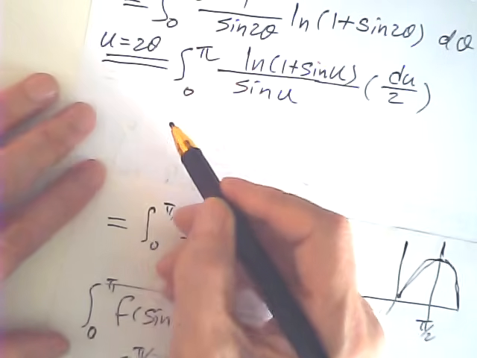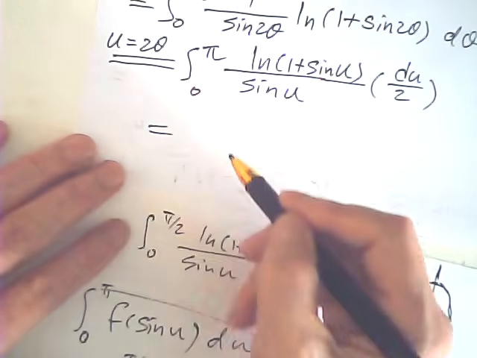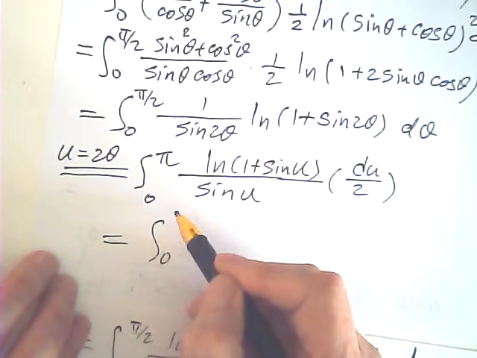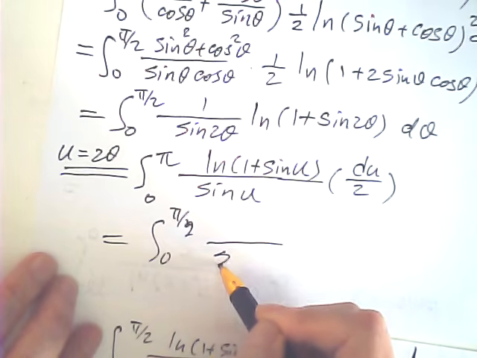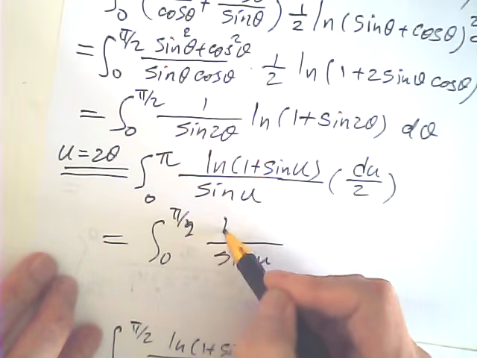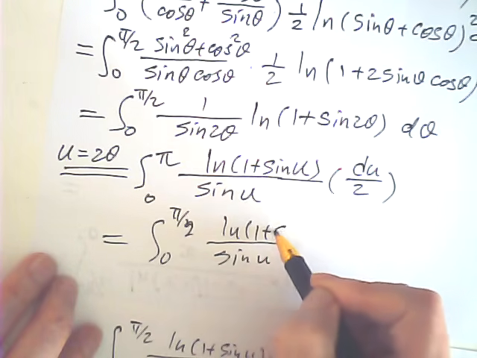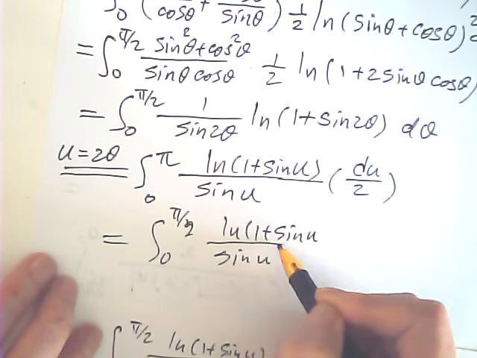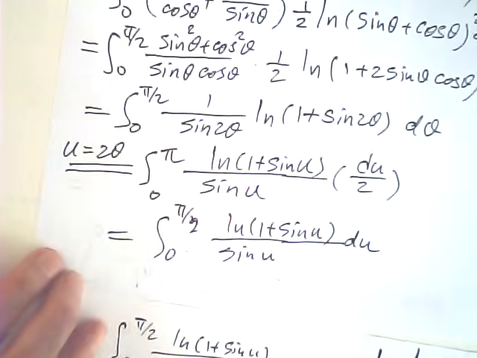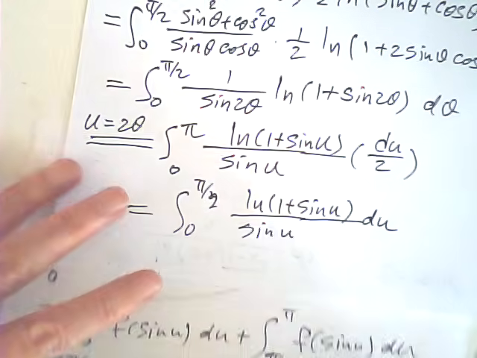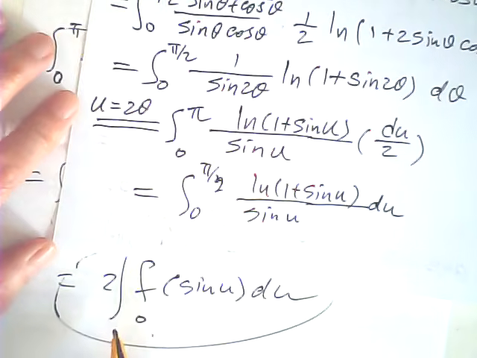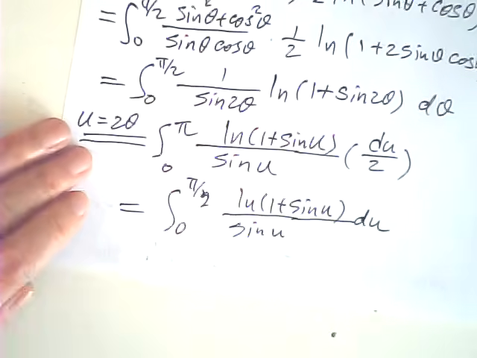This is the reason this is equal to from 0 to half pi, sine u log of 1 plus sine u, and du. Okay, because this 2 cancels with the half.